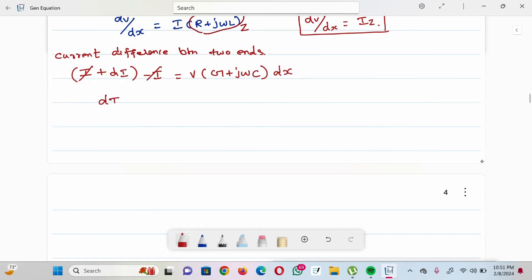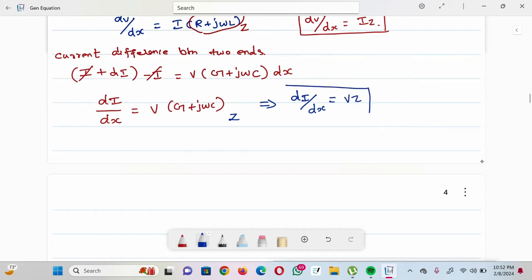So here, instead of dV by dx, we can use dI by dx equal to V into (G plus j omega C). Already we know that G plus j omega C is the admittance, so automatically it will come dI by dx equal to V into Y.